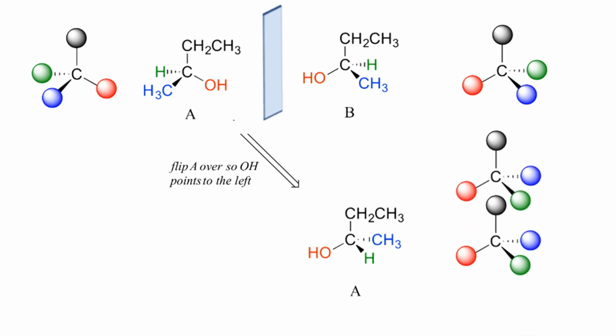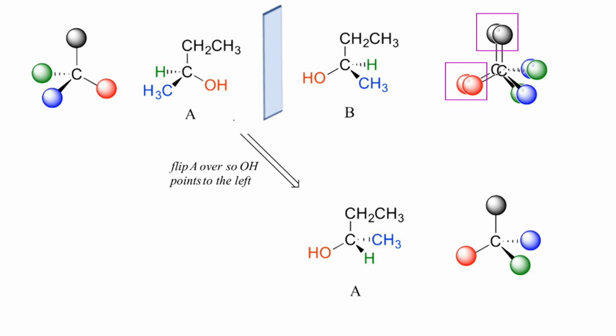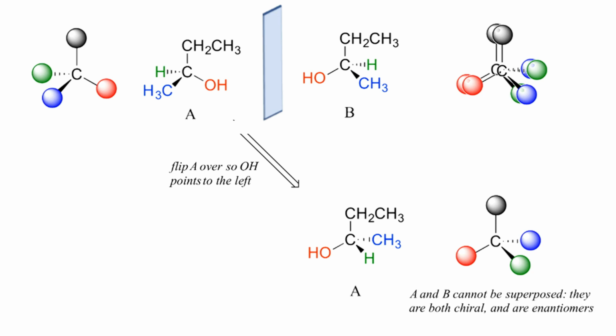If we now try to superimpose this flipped A on mirror image B, we see black and red groups overlap but not the other 2 groups. Thus, molecules A and B cannot be superimposed.